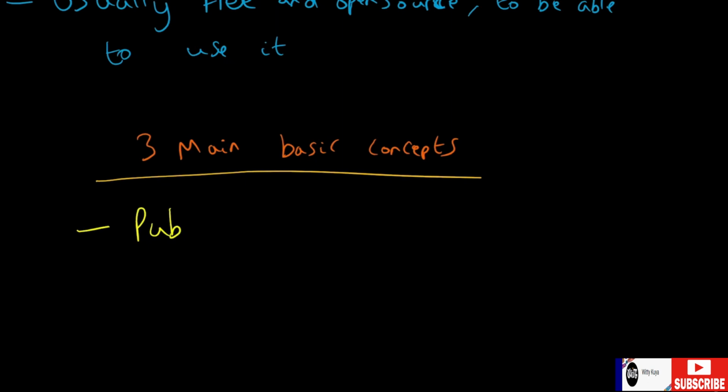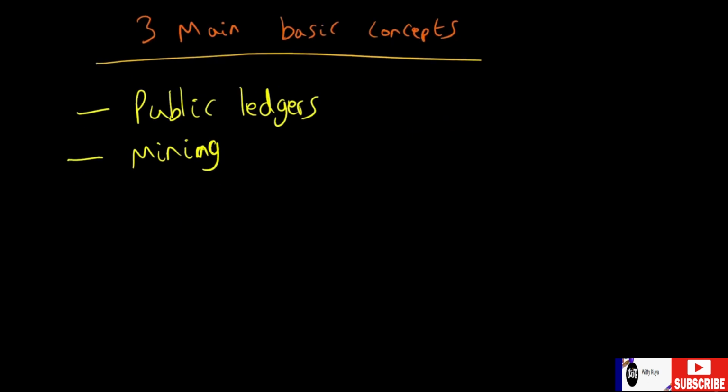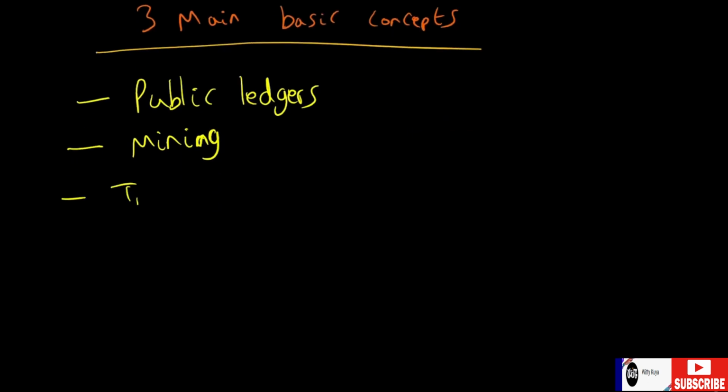They have public ledgers. I've already created a separate video for that, so check that out. It's essentially a database which holds all the transactions and is not controlled by a single authority, and it's public, and it's not stored by one individual as well. It's confirmed using the process called mining, so you know the transactions are legit.